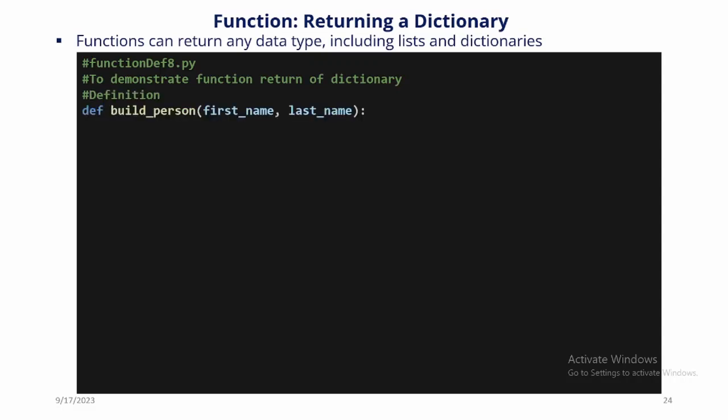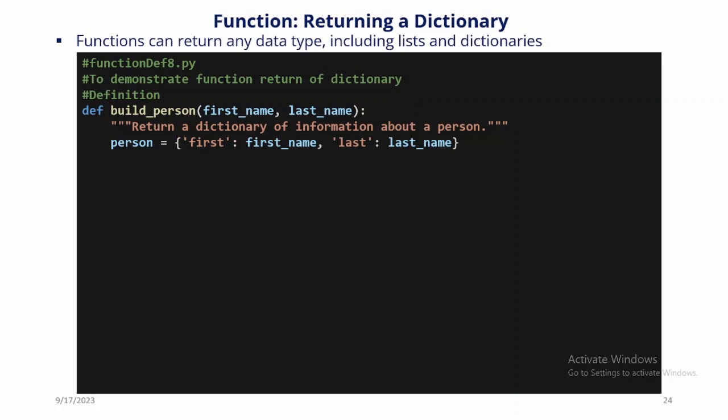Def build person, first name, last name. Return a dictionary of information about a person. So we start. Person, which is a dictionary now, equal to first name, last name. Return person.